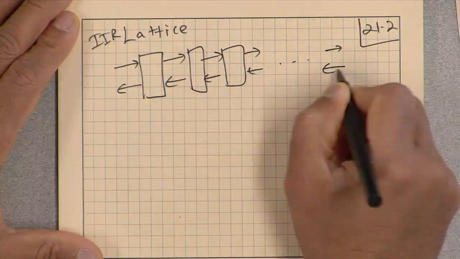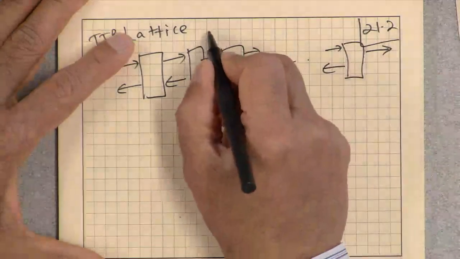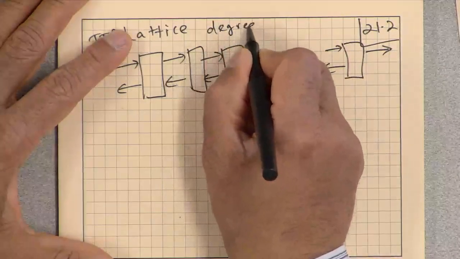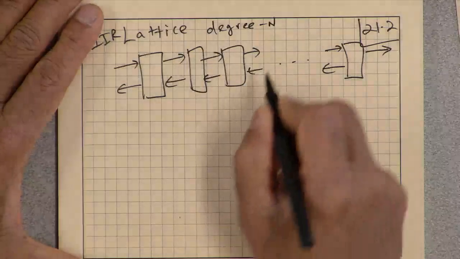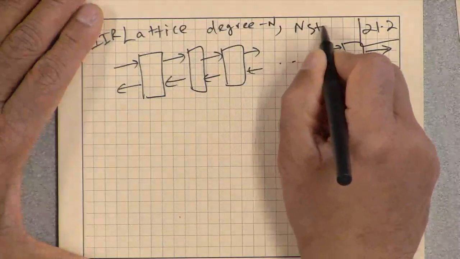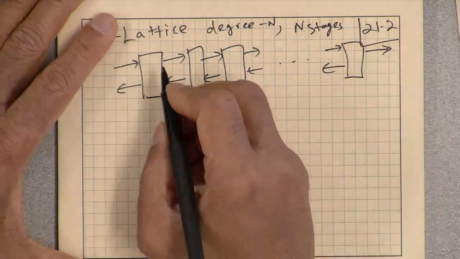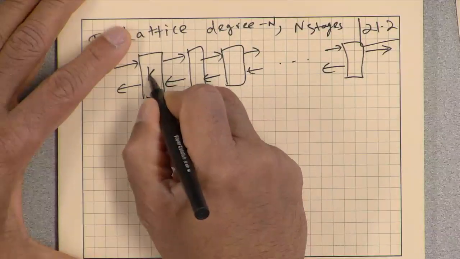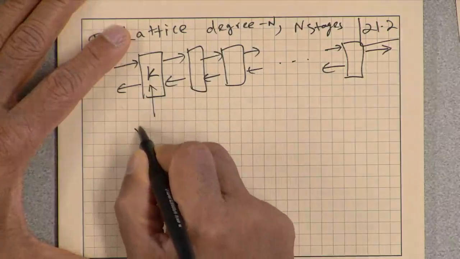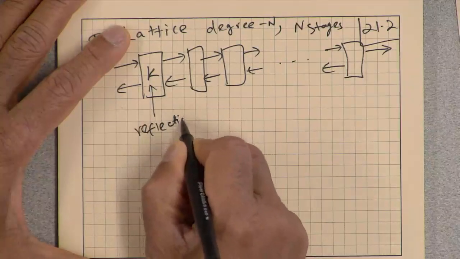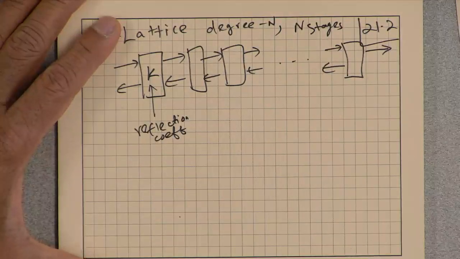If the filter is of degree n, then we have n stages. Each of these stages is described by something called a reflection coefficient, K coefficient.